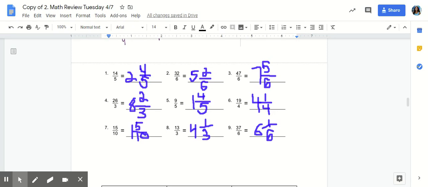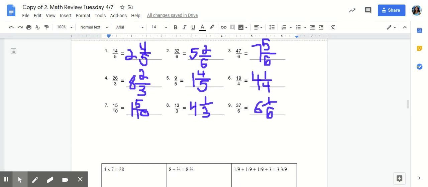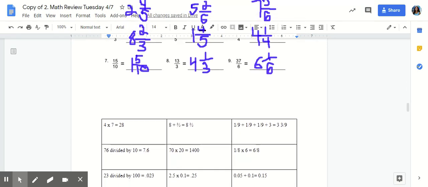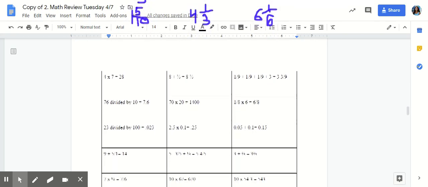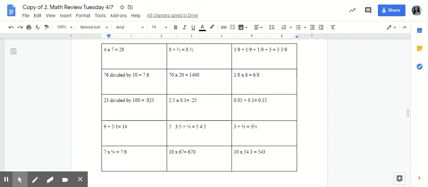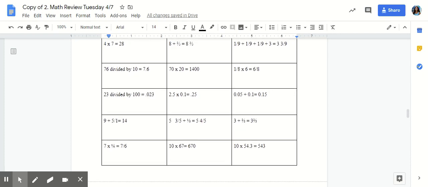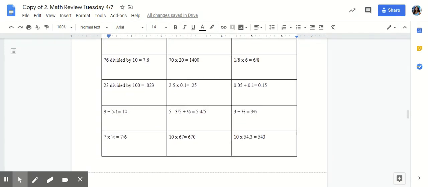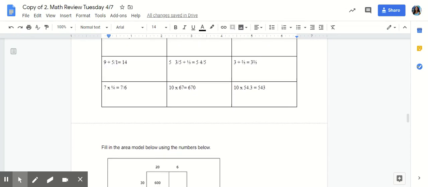Go ahead and check your work. We also have some fact power here. You can go ahead and check that also. Make sure you're pausing the video if needed.